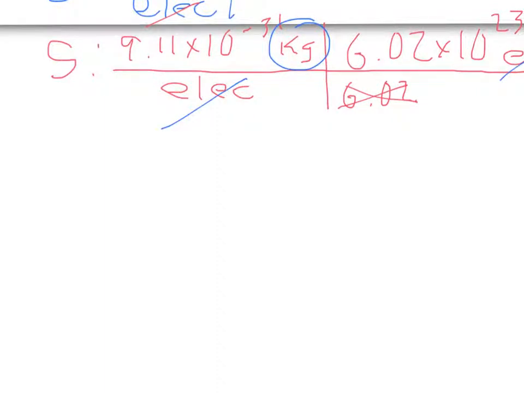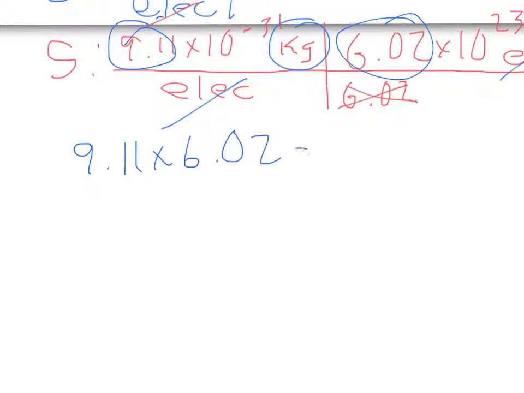We know that we can operate just on the mantissa of these numbers, and 9.11 times 6.02 is equal to 54.8.